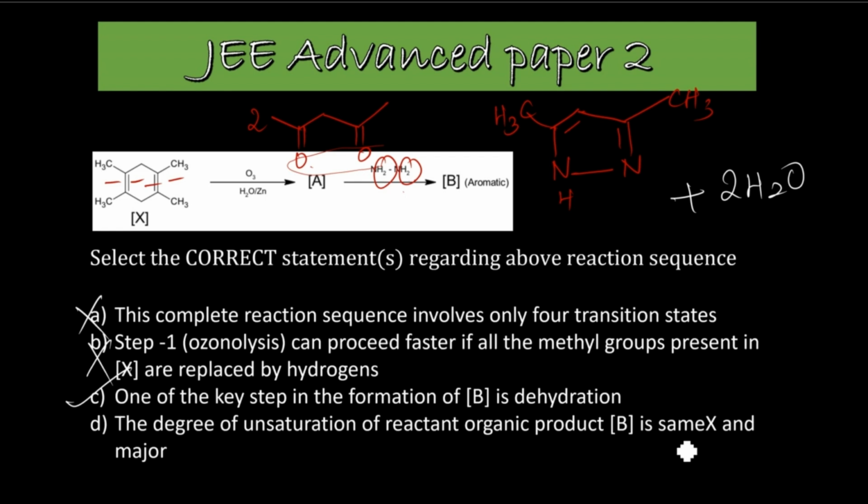So degree of unsaturation of X is not 2, overall 3 including the ring. Here also I am having 3. So which is also a correct answer. So C and D are our right answers.